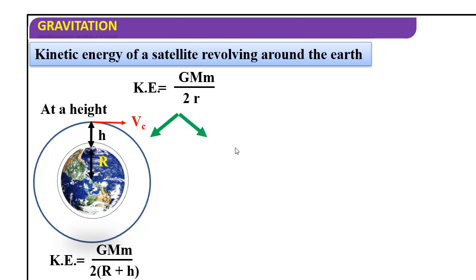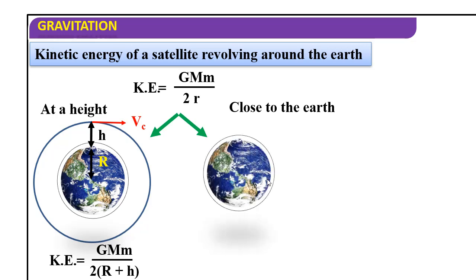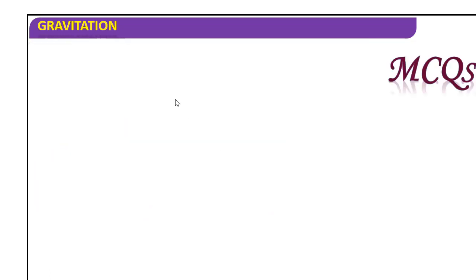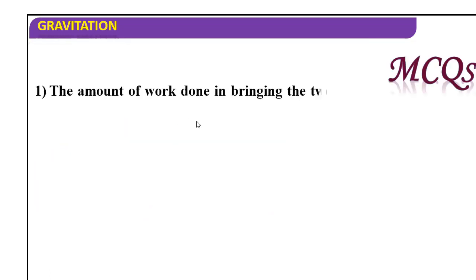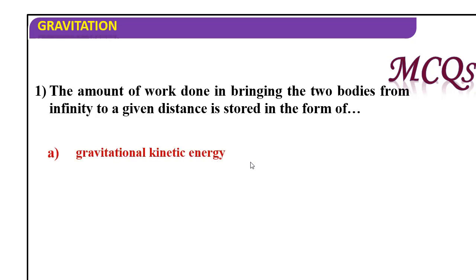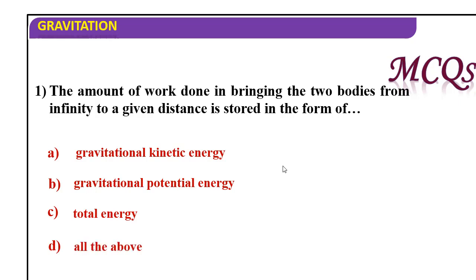So close to the earth, on the earth's surface, K is equal to GMm by 2R. So the amount of work done in bringing the two bodies from infinity to a given distance is stored in the form of potential energy, gravitational potential energy.